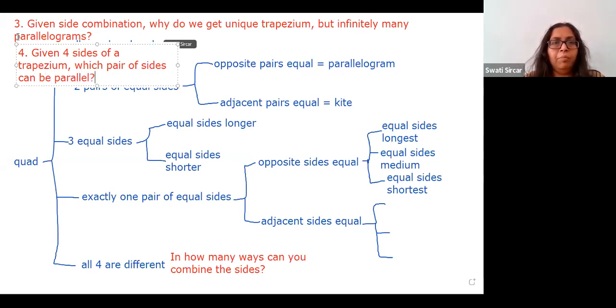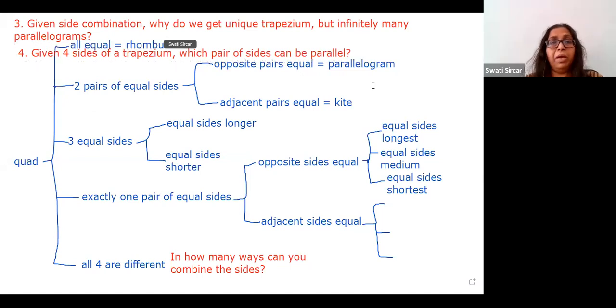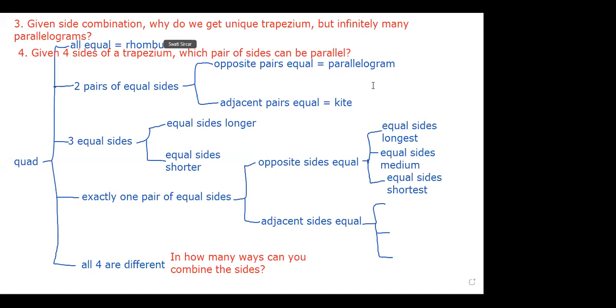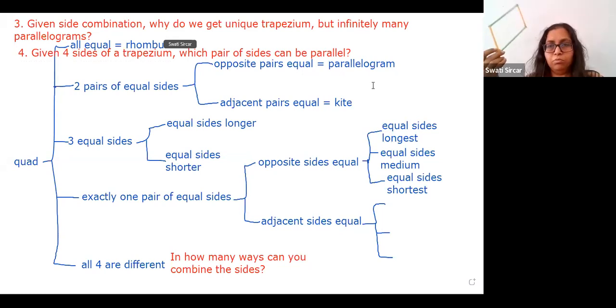I don't know, maybe both pairs can be parallel or only one pair will be parallel. I want you to figure that out. And for that, it might help to make these if you can. It's not very hard to make. Or you can draw whatever means you want. You can try that.